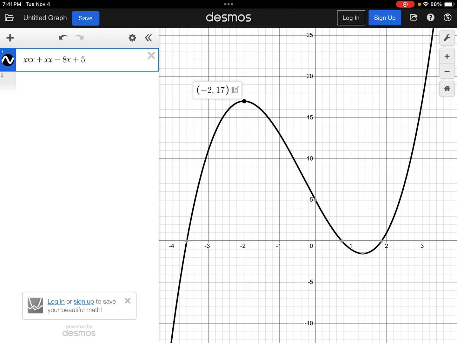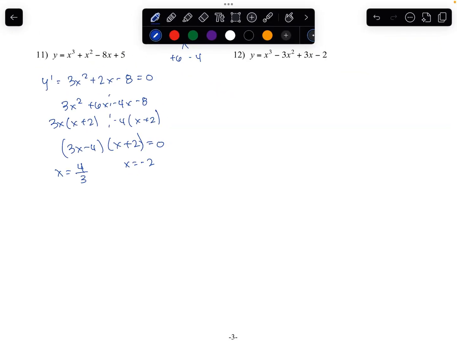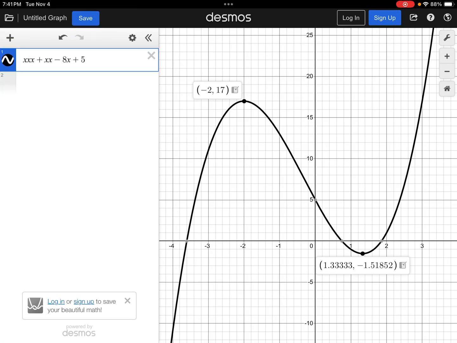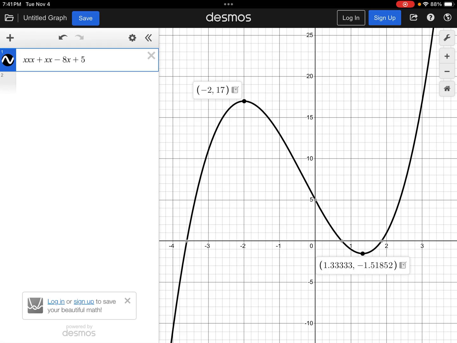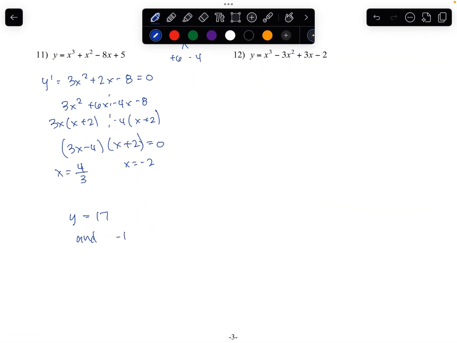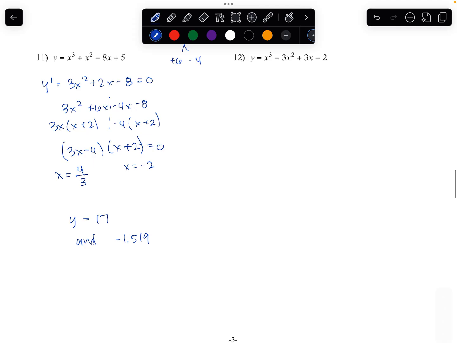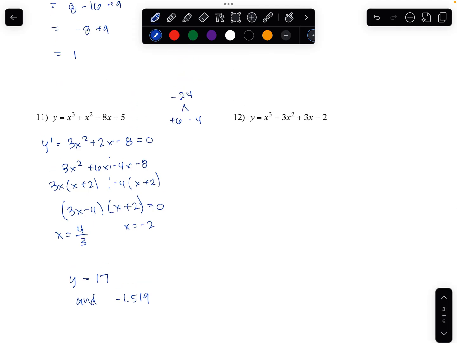All right, let's verify these values. So at negative 2 and at 4/3, we are correct. We do have them. So it's y equals 17 for one of them, and y equals negative 1.519 for the other.